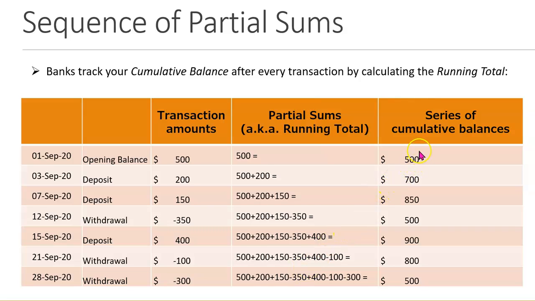And the list of balances that is generated, we call the series. So the series is simply a sequence of partial sums. In other words, it is a running total.